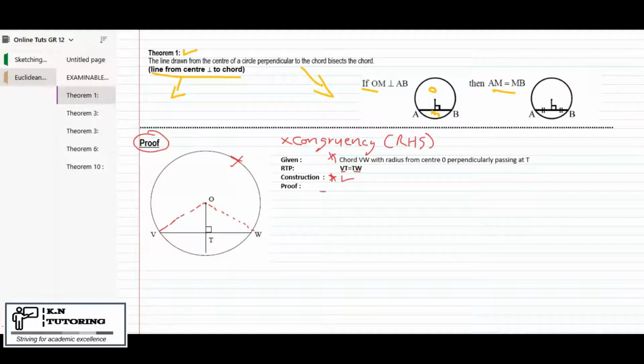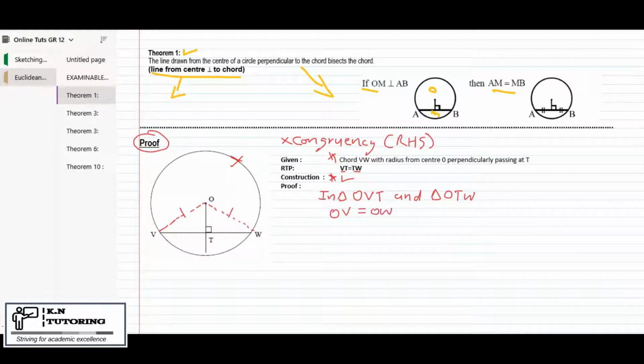Now this is what we're going to do. We're going to say in triangle OVT and triangle OTW, what do we know about these triangles? We know that this side is equal to this side. We know that OV is equal to OW.